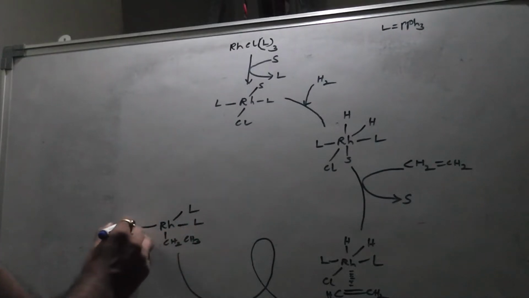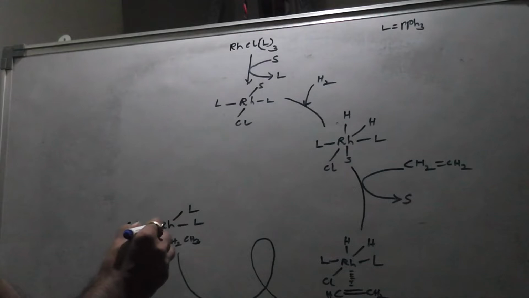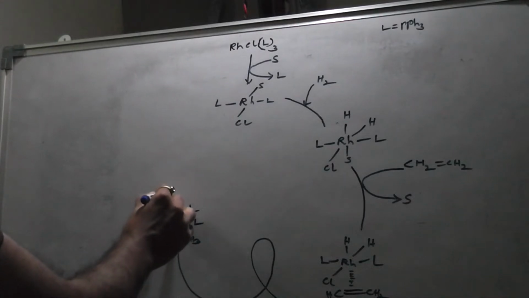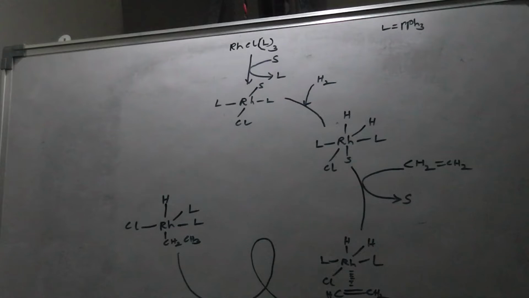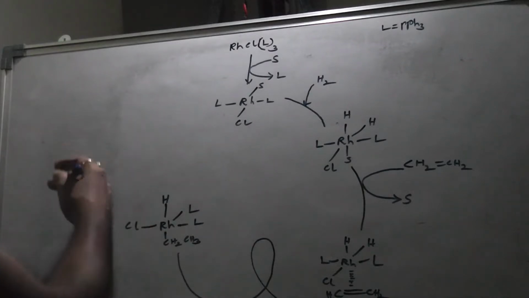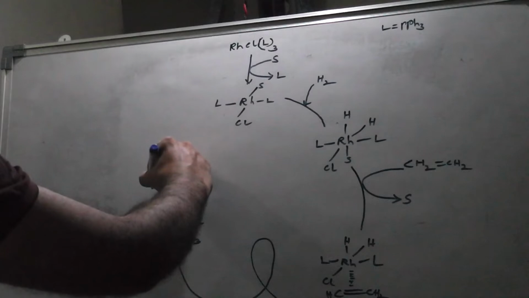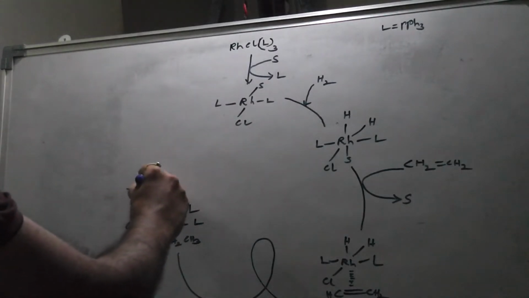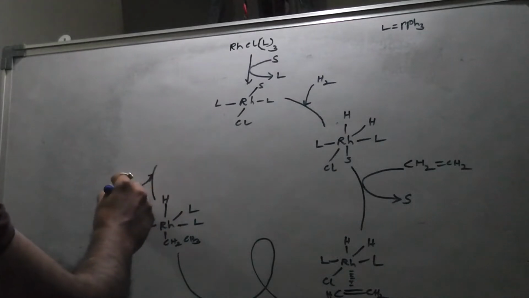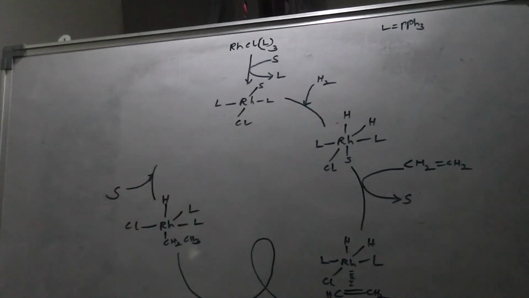You can check it. Now the solvent molecule enters and coordinates, because here rhodium is in a penta-coordinated state, so again hexa coordination will occur by introducing a solvent.